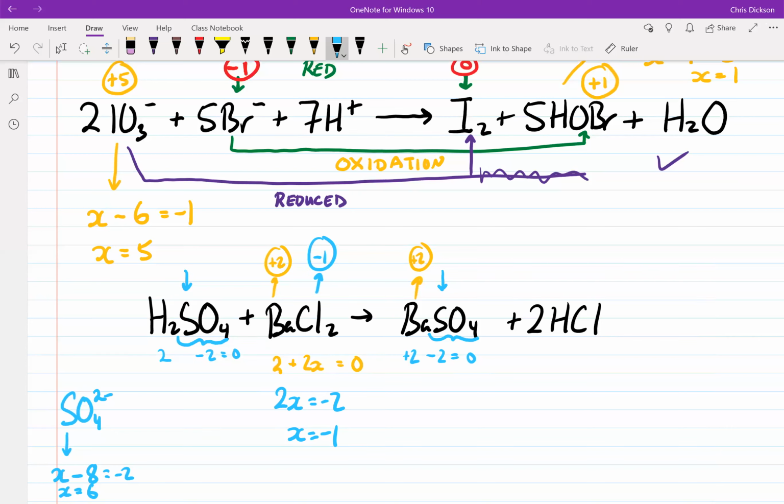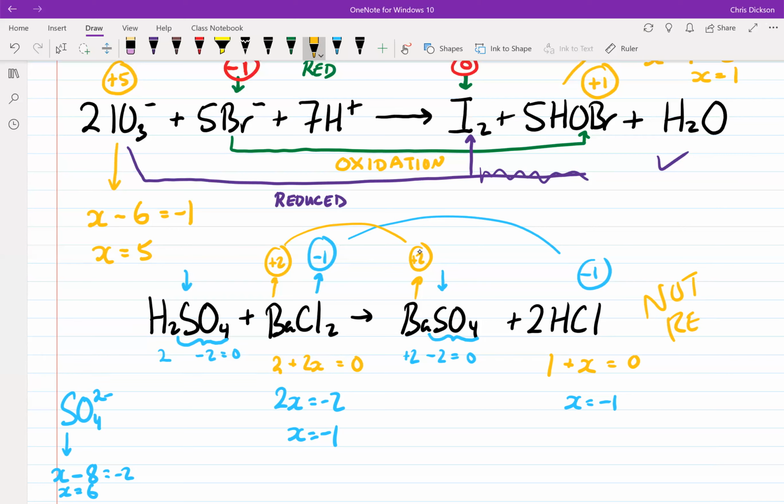And of course, we've got HCl on the far side, which is a +1, plus x equals 0, and here, bring the 1 over, x equals -1. So really, if you notice the chemicals, there is no change in oxidation number here. So this would not be a redox reaction. So this is not redox.